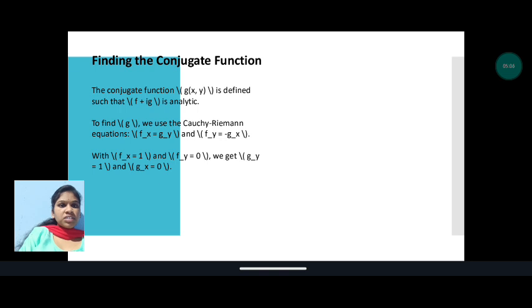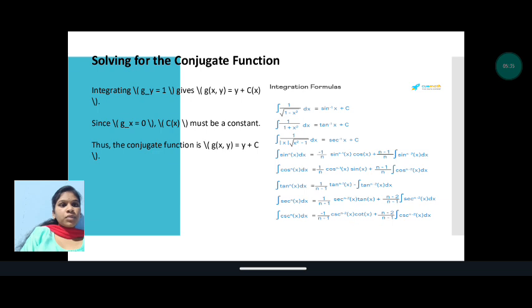Finding the conjugate function. The conjugate function g(x, y) is defined such that f + ig is analytic. To find g, we use the Cauchy-Riemann equations: fx = gy and fy = minus gx. With fx = 1 and fy = 0, we get gy = 1 and gx = 0.